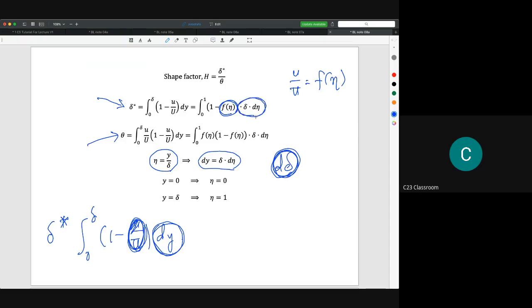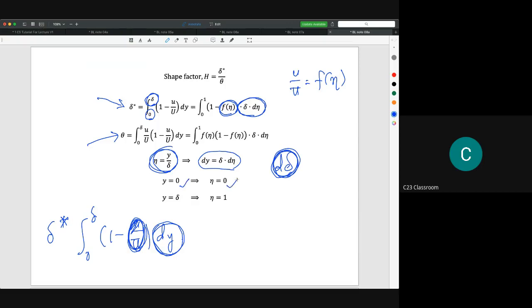Next, you must make sure the limit is also correct. You cannot use limits 0 to delta while you integrate with eta, because it's a totally different parameter. So you need to change the limit. How? You could see the equation here. If y is equal to 0, eta is equal to 0.